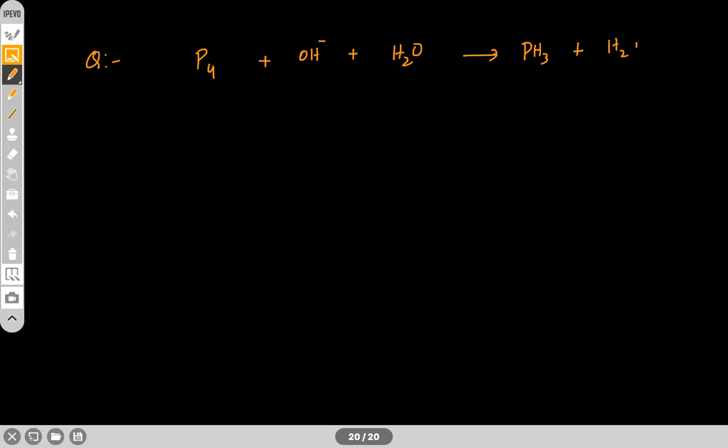Balance this reaction. It is a disproportionation reaction. Medium is basic. Phosphorus, you see, one is getting oxidized, the other is getting reduced. So I want you to try this and share your attempt on the group.